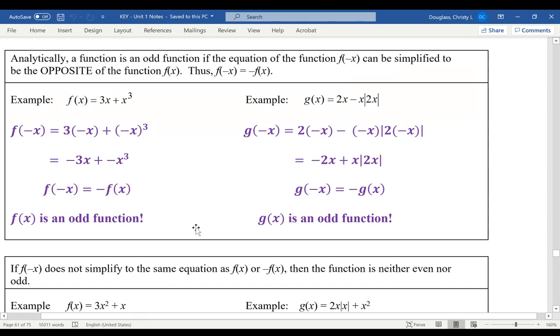Remember, that simply means that the graph, if we were to graph this thing, would have rotational symmetry about the origin. So if you want to graph it and turn it upside down and see that it looks exactly the same, then that is your confirmation that you have an odd function.